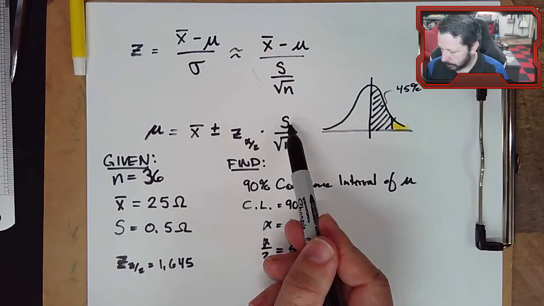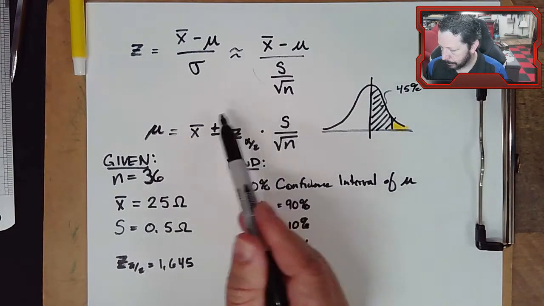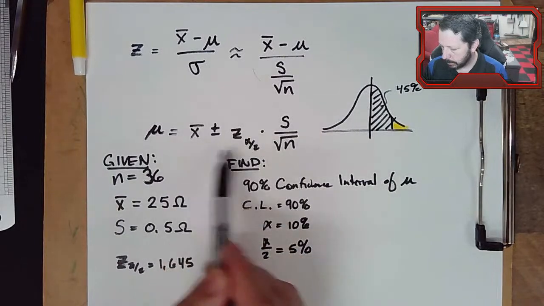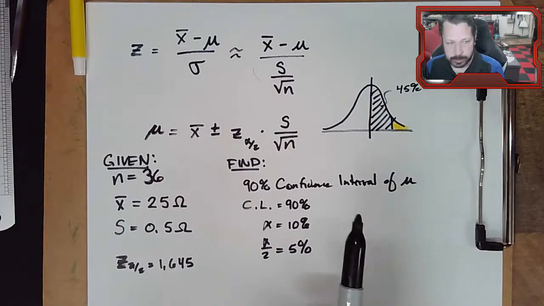And we have our sample standard deviation. We have our number of samples. We have X bar. We can plug in here and get all our numbers, right? So let's do that.